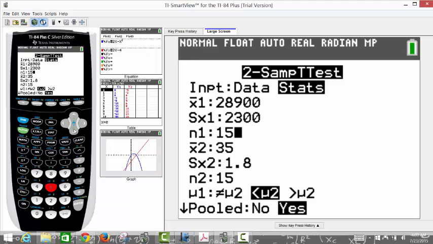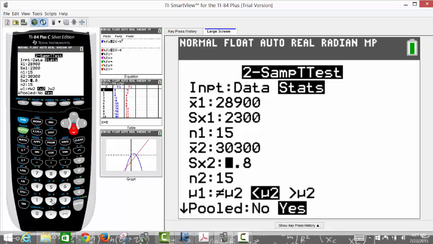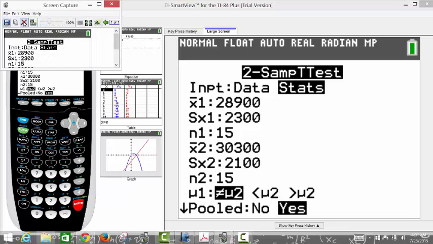And this next one's 30,300. Standard deviation of 2,100. That's 15. Equal. Now, let's see.